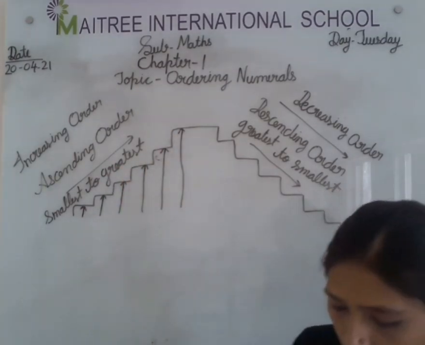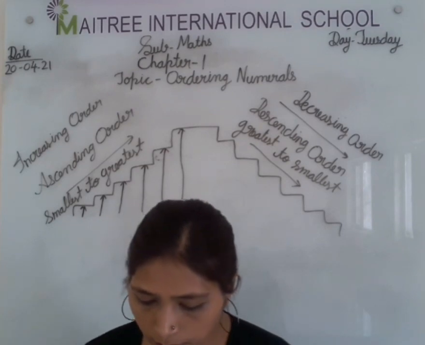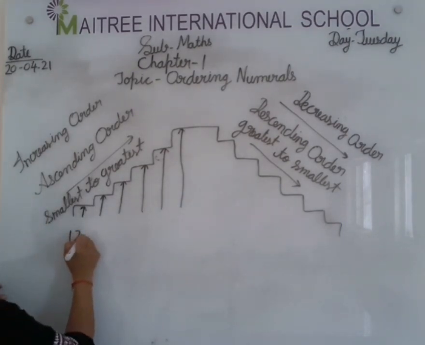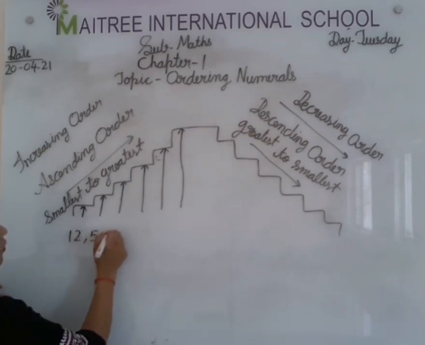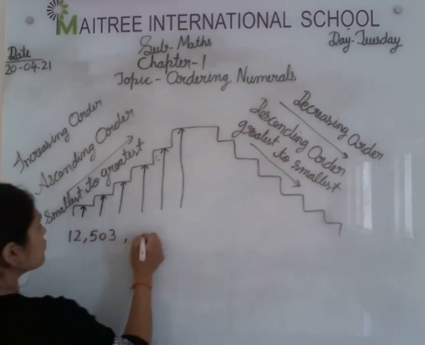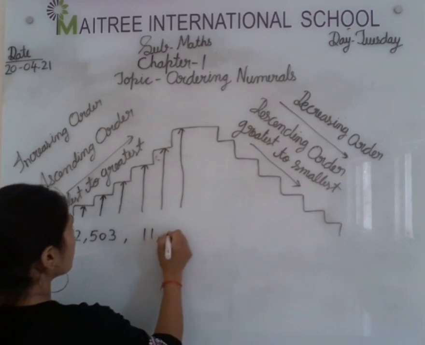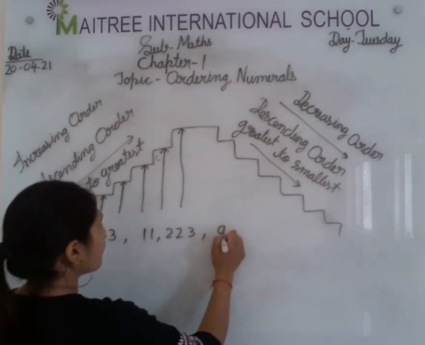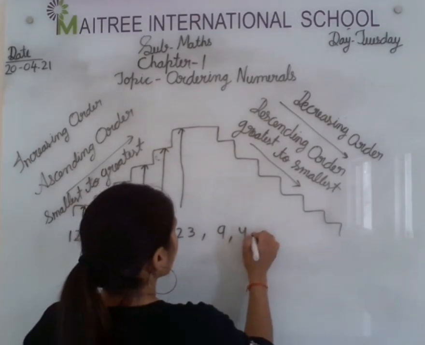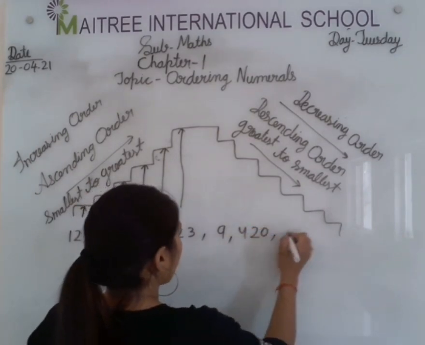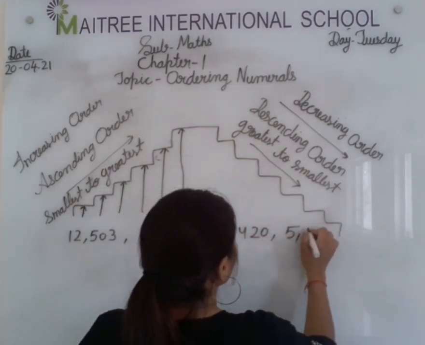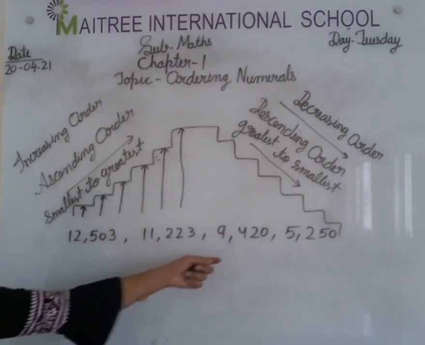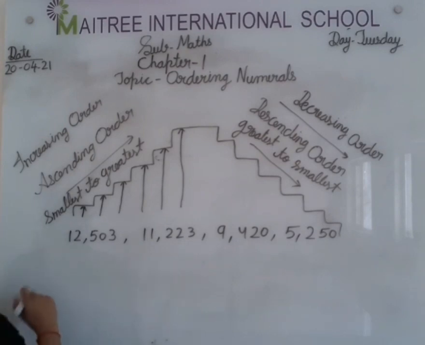Let's take an example. Smallest to greatest number. I am writing a few numbers here. So we have to arrange these numbers in ascending order.